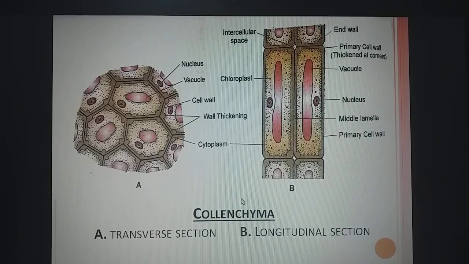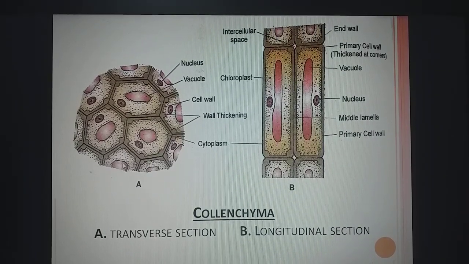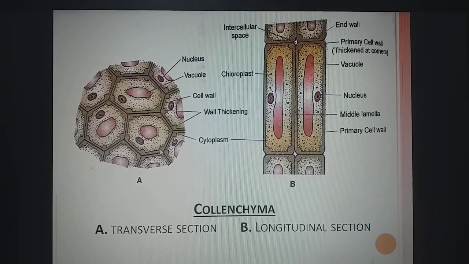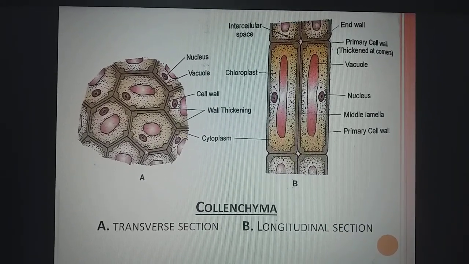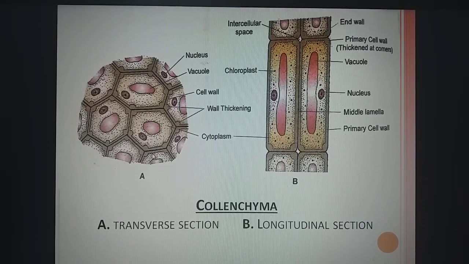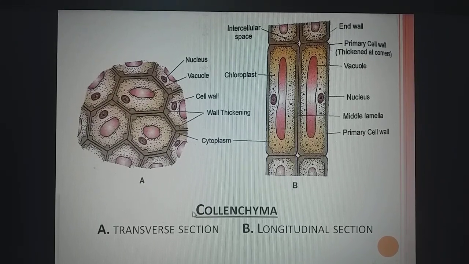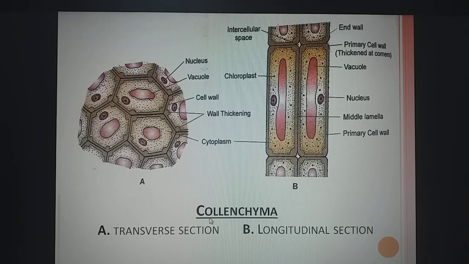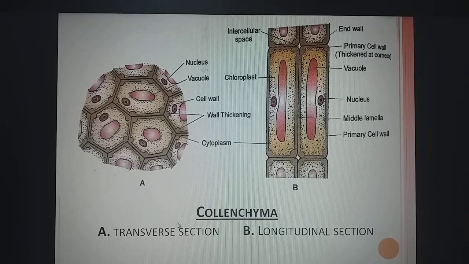Next is collenchyma. So collenchyma means, see here, the deposition of pectin is there. So due to the deposition of pectin, the intercellular space becomes smaller and it helps in easy bending of the plant. But don't get confused between collenchyma and chlorenchyma.